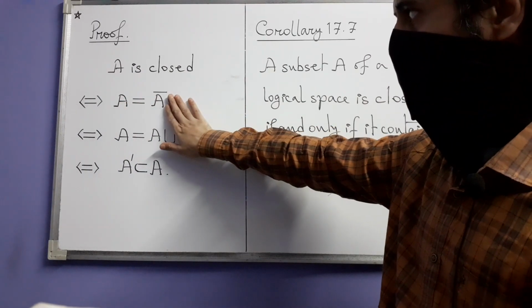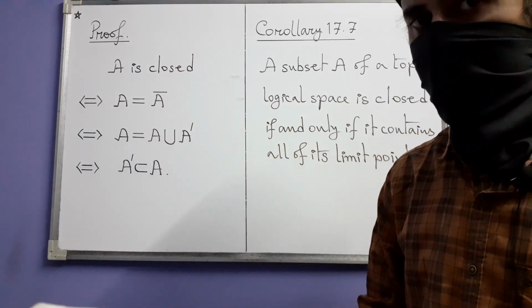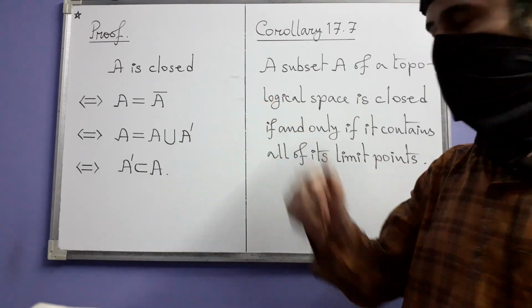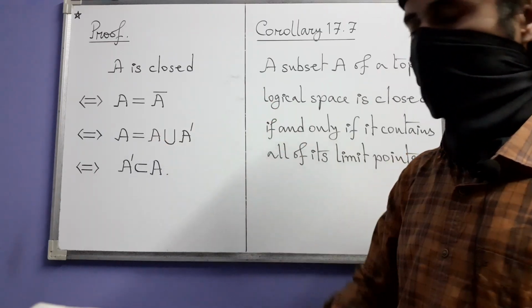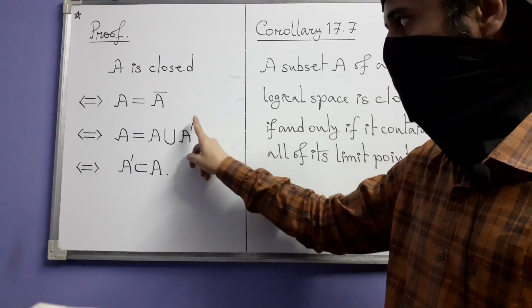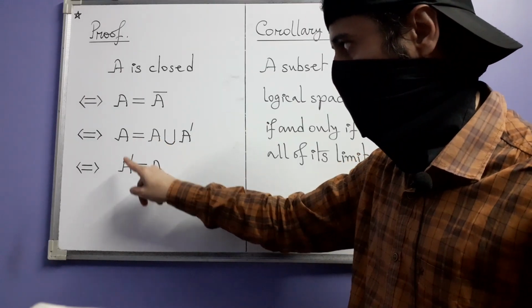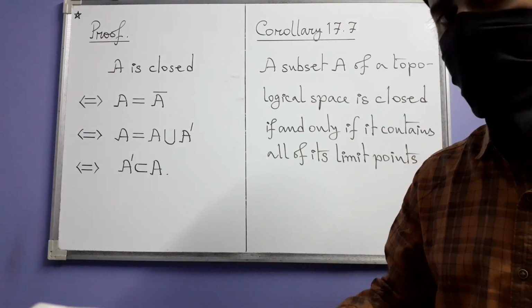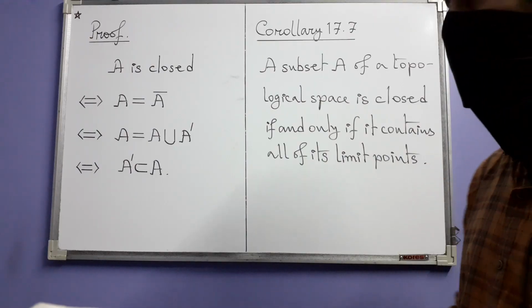We have already seen how this is true when we defined the closure of a subset. But just now we saw that our theorem tells us that A closure is nothing but A union A prime, the set of all limit points of A. But that union is equal to A if and only if A prime is contained in A. In other words, if A contains all of its limit points. So that's it. That's the proof.